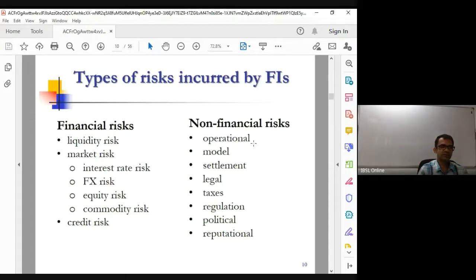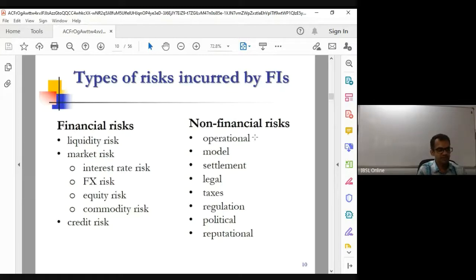If you don't have enough quota in your data package, you may face some problems. So these things are operational risks. Even in a financial organization, these things can happen.